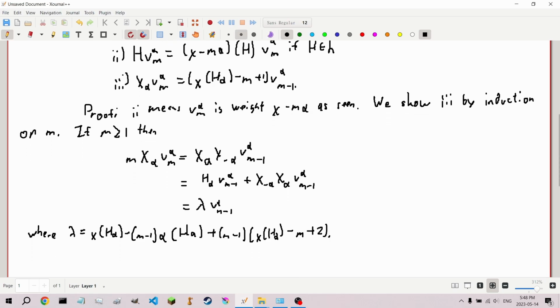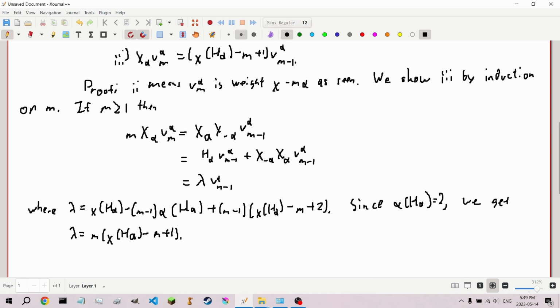And since we know that alpha of h_alpha is just always 2, we get that lambda is equal to m times (chi of h_alpha minus m plus 1), and that gives us our third condition, and so we're done with that part.